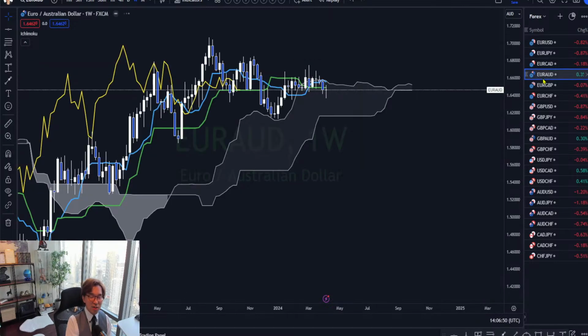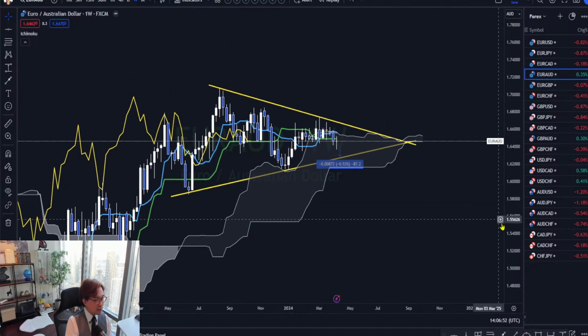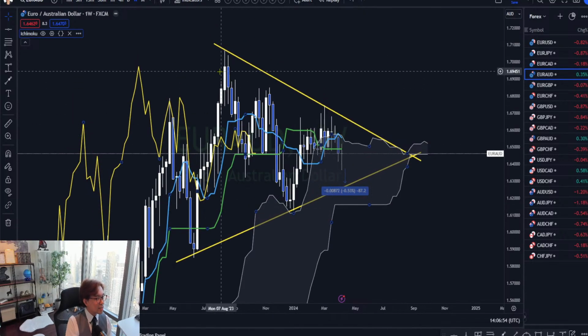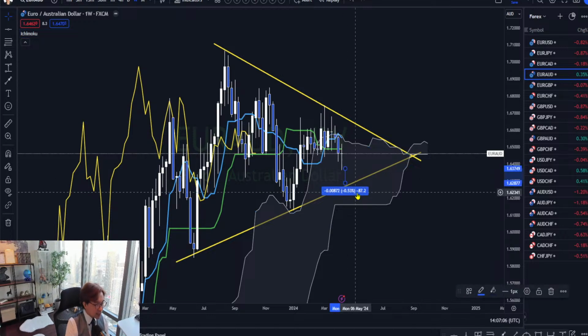And next is Euro AUD. Euro AUD is also ranging because this is within the P wave, also a triangle range, and the price is within the Kumo, and last week was a doji on the weekly chart, so there's no trend. But it looks like the market is going down to the support of the P wave.